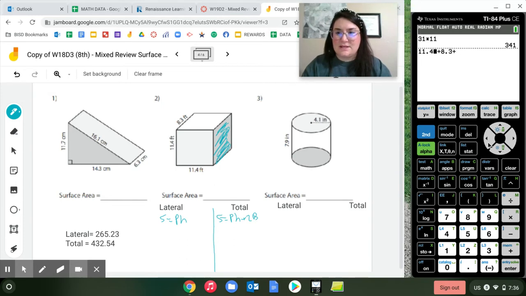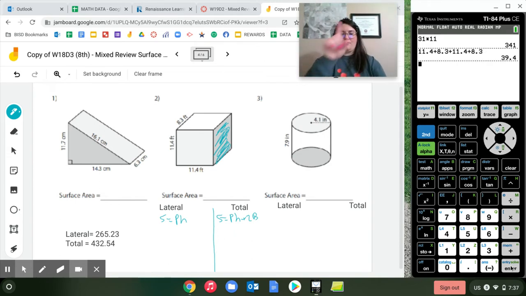No, hold on. Why is this 8 here? 11.4 plus 8.3. That's your perimeter around that base. Now, if we're going to multiply that by the height, it would be this length here, the length that is connecting the bases. So times 11.4.